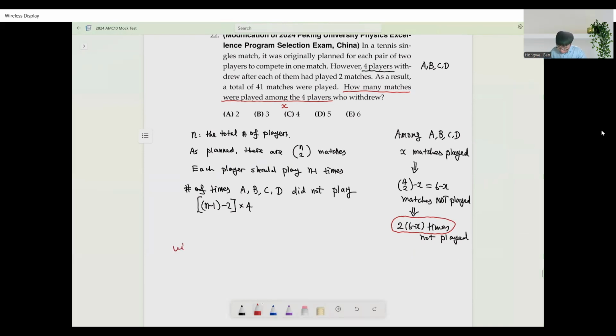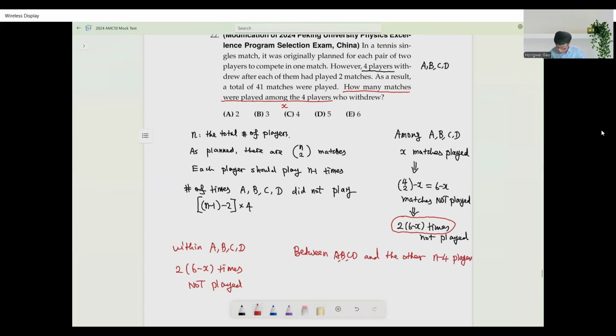So within A, B, C, D, we have 2 times 6 minus X times not played. Between A, B, C, D and the other N minus 4 players, how many times did they not play?